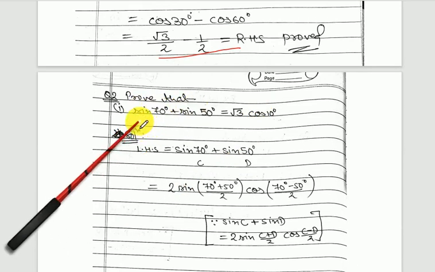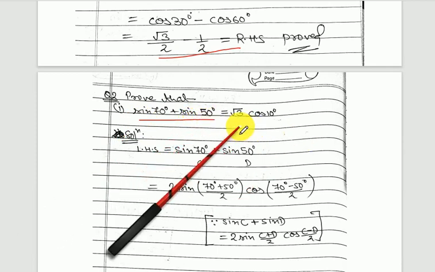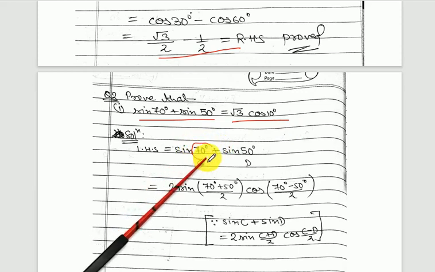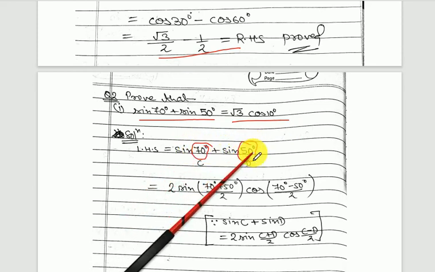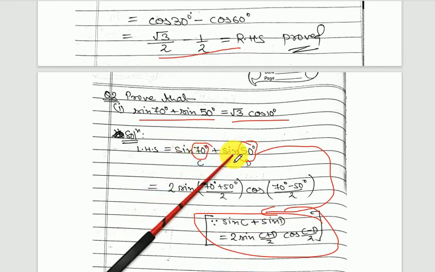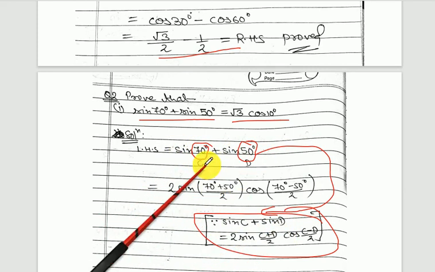Next is prove that sine 70 degree plus sine 50 is this much. So we'll start with the left hand side. So this is your angle C, this is your angle D, and we know the formula that if you have got something like sine C plus sine D, like here sine 70 plus sine 50, so your C value is 70, your D value is 50, then it will be equal to 2 times sine C plus D upon 2 into cos C minus D upon 2.